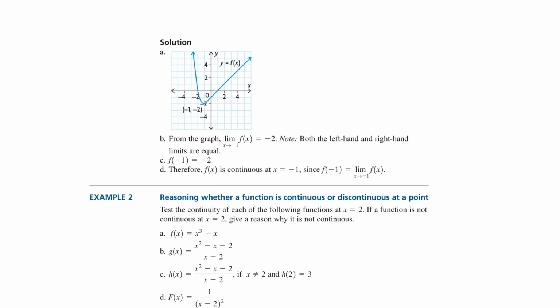If we look at the graph of the function, we'll see the function is continuous at x equals -1. From the graph, the limit of f of x as x approaches -1 is -2, and f of -1 is also -2. Therefore, the function is continuous since f of -1 and the limit of f of x are the same.